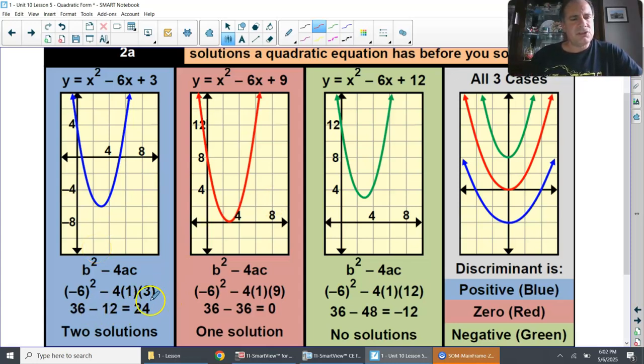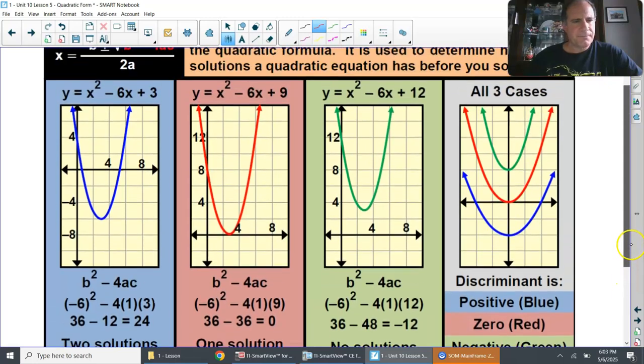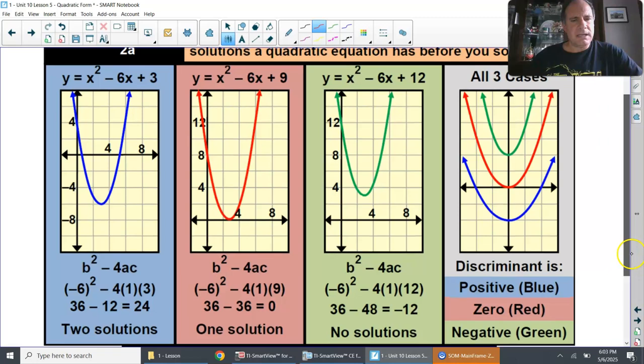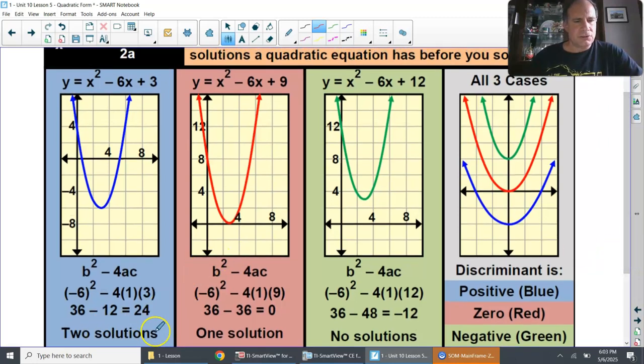If it is 24, let's just say if it's 24, let me go down. It is 2 solutions. So if it's greater than 0, you have 2 solutions.